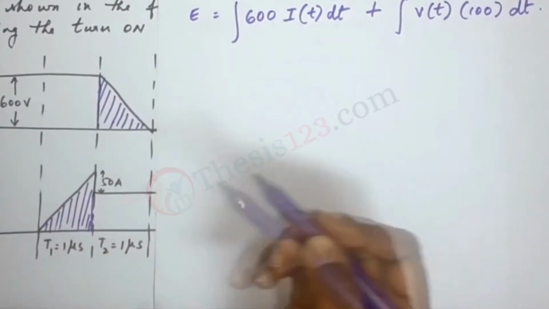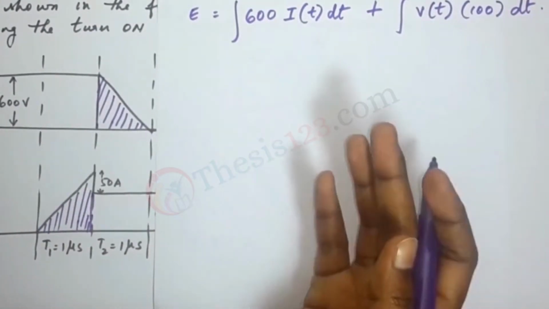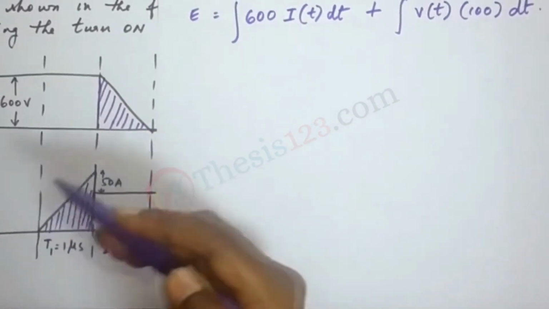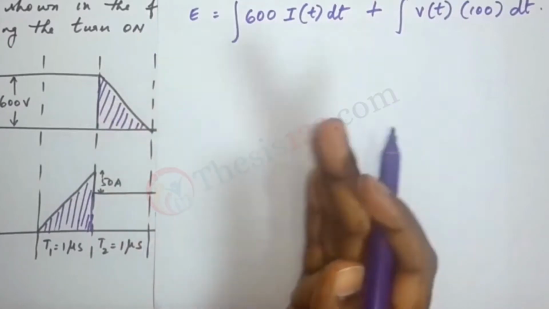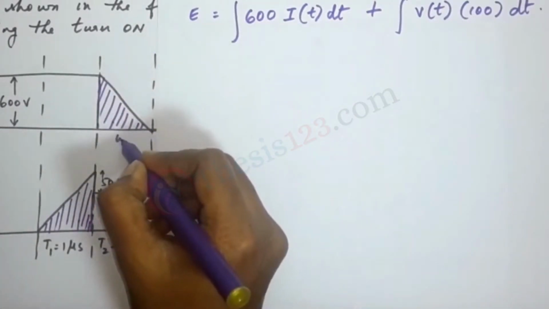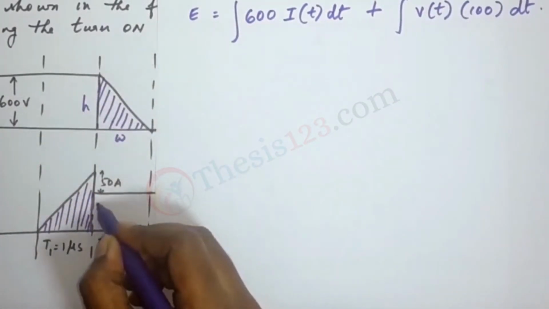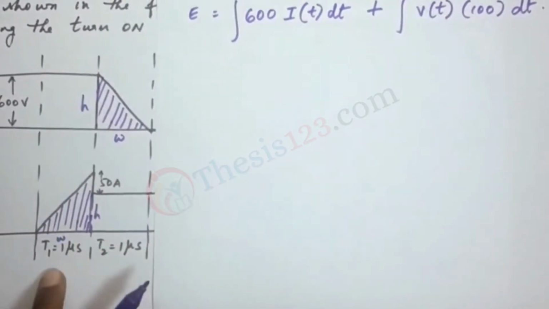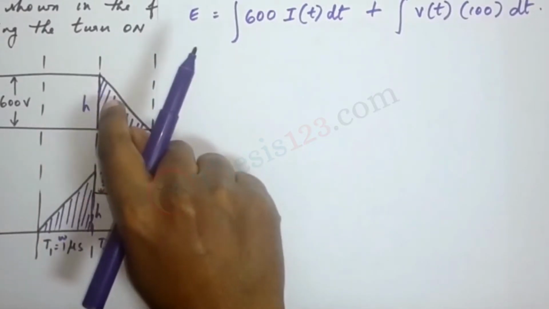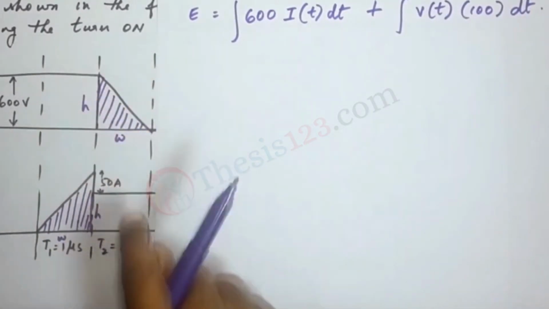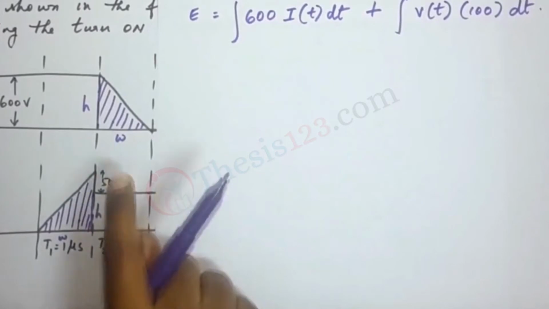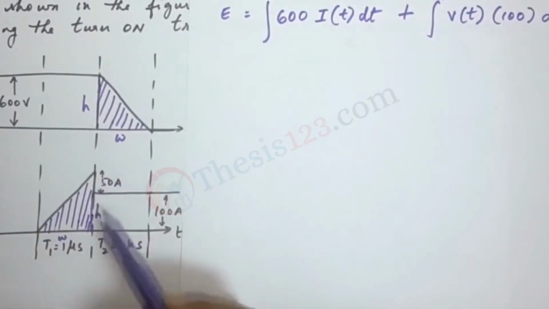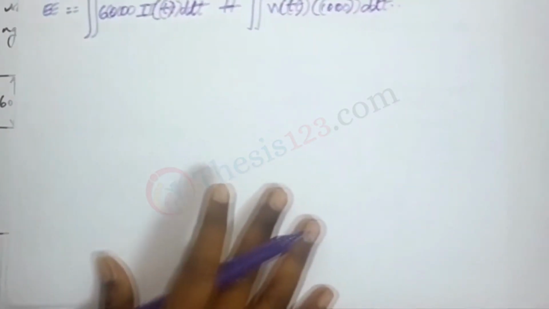We know the formula for the area of a triangle: half into width into height. The width is 1 microsecond for both triangles. The height is 600 for the voltage triangle and 150 for the current triangle. This portion is 100 and the rest is 50, so that's a total of 150.